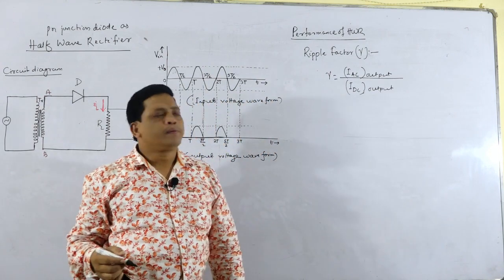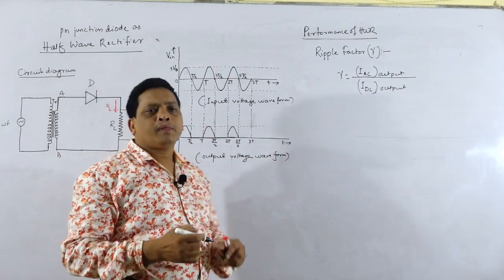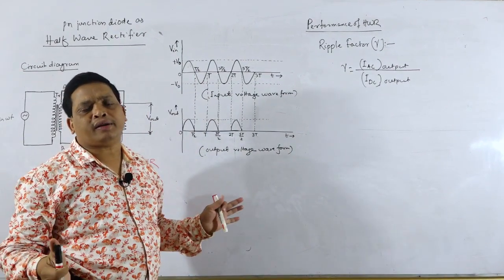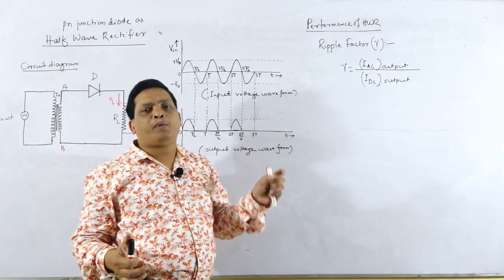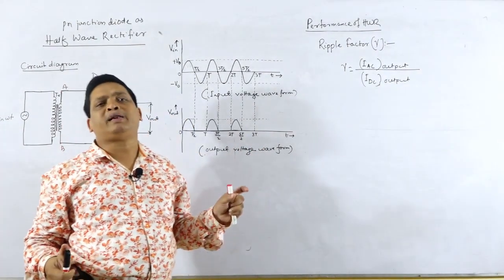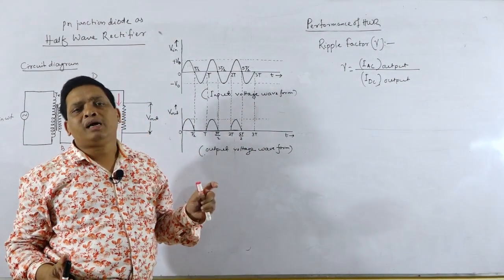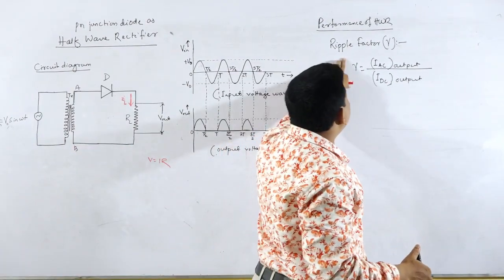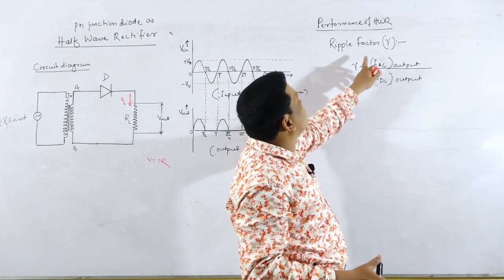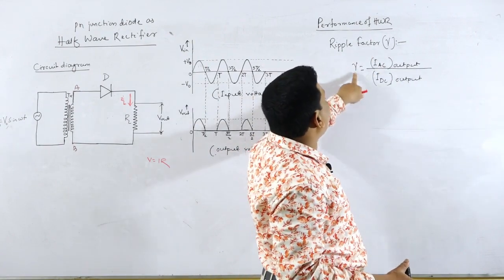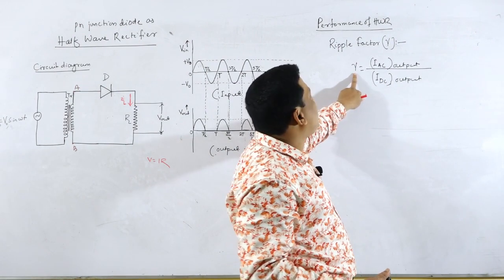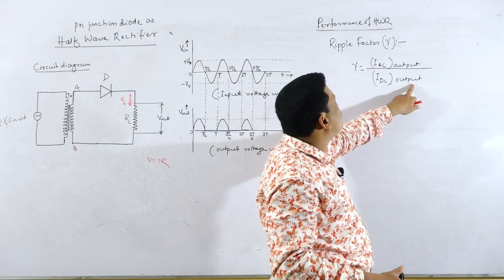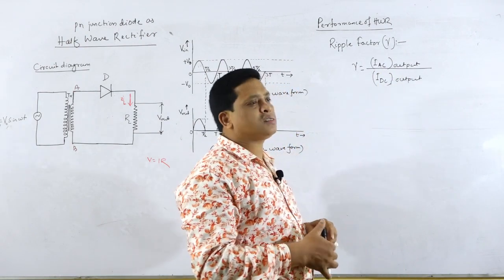As I told you, always some AC components are available at the output of a rectifier circuit, and these AC components available at the output of the rectifier are known as ripples. So how much the ripple factor is, that is to be decided. Now ripple factor of a rectifier is the ratio between output AC components to the output DC components.